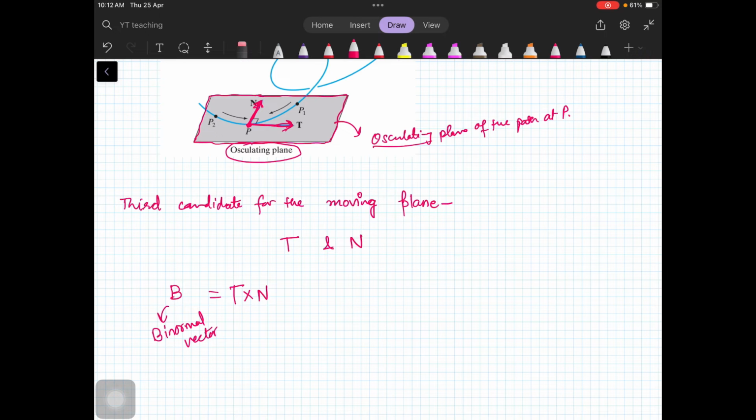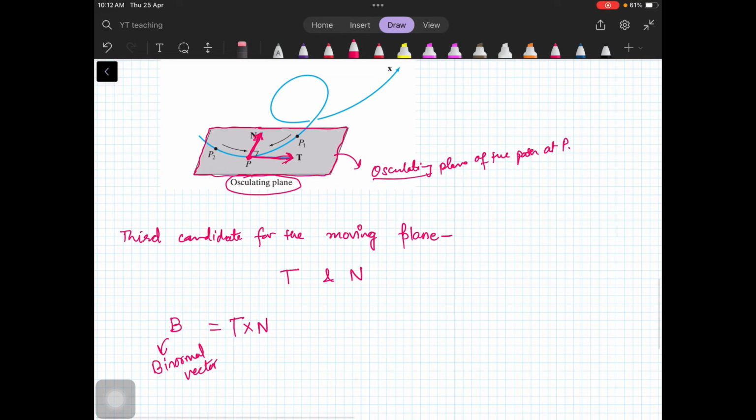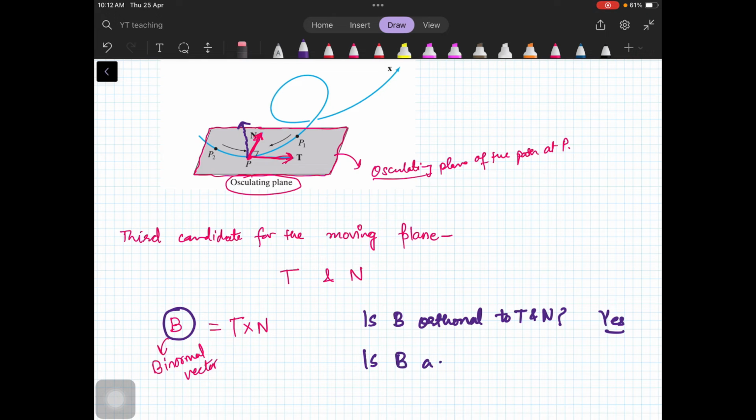This vector is going to be perpendicular to both T and N vectors. Is B orthogonal to T and N? Yes, because that is how we define the cross product of two vectors: it is perpendicular to both vectors. And is B a unit vector?